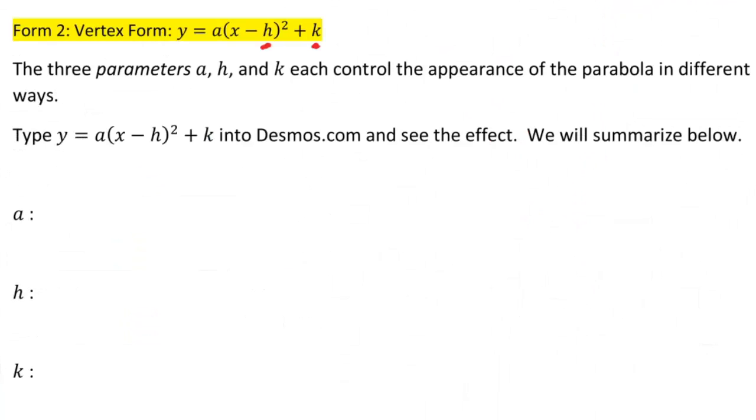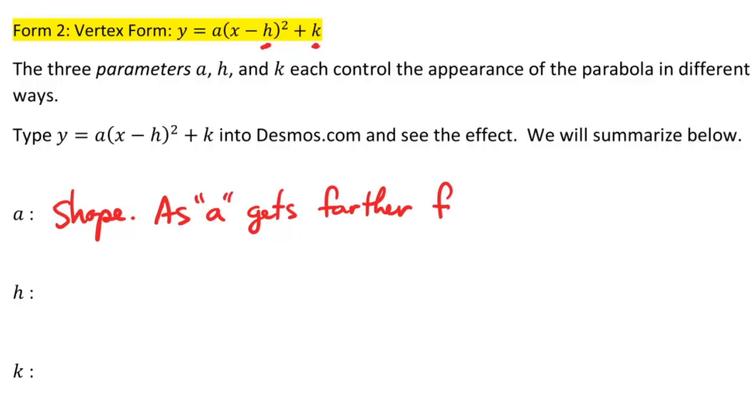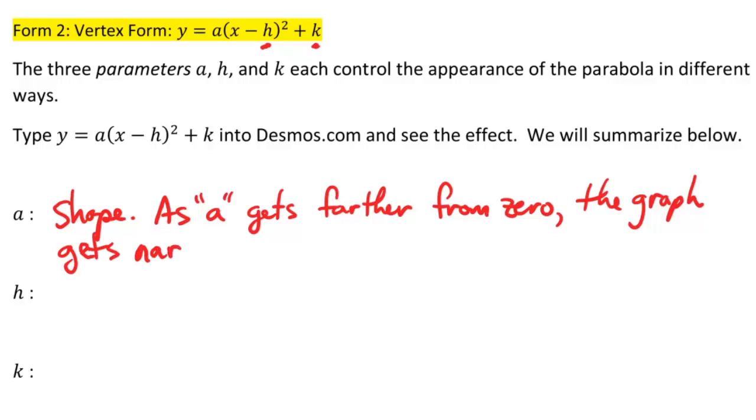So the A is the shape. As A gets farther from 0, the graph gets narrower.